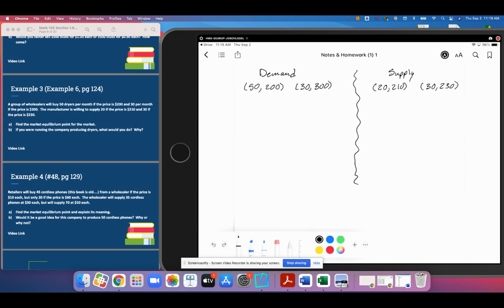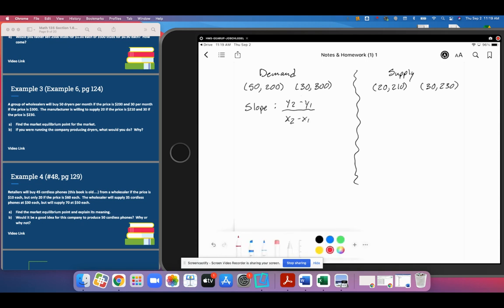So we do need a function for demand and a function for supply. We were given 2 points, so we do need to do the point slope form to get the function. So let's get right to it with our slopes. And for slope, again, as we've talked about multiple times, slope is y2 minus y1 over x2 minus x1.